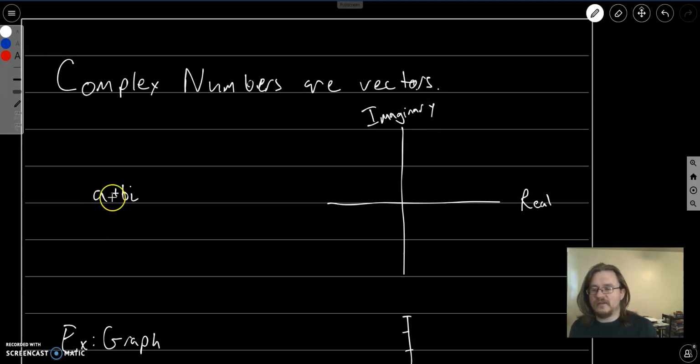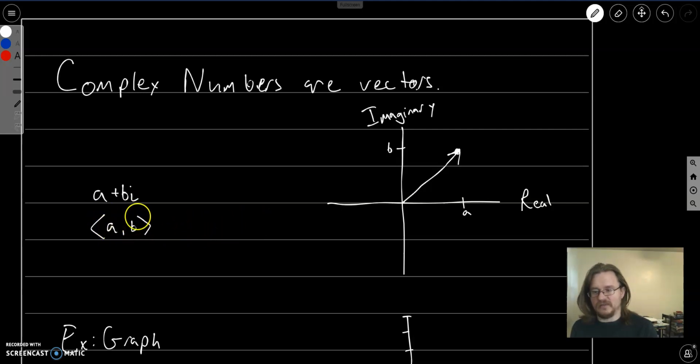And when we have a plus bi, I'll come out here to a, b, and we can think of this as the vector. Oops, I didn't draw that very straight. Just like that. So this is the vector in the notation that we had previously.